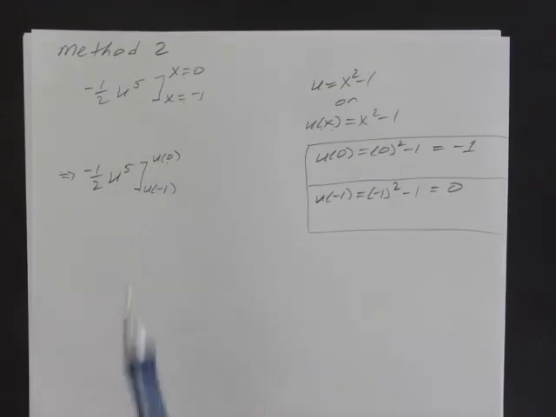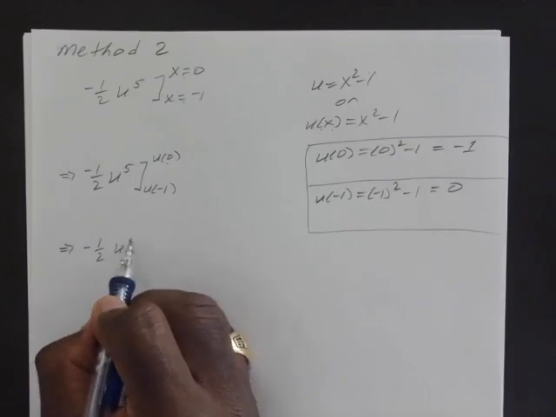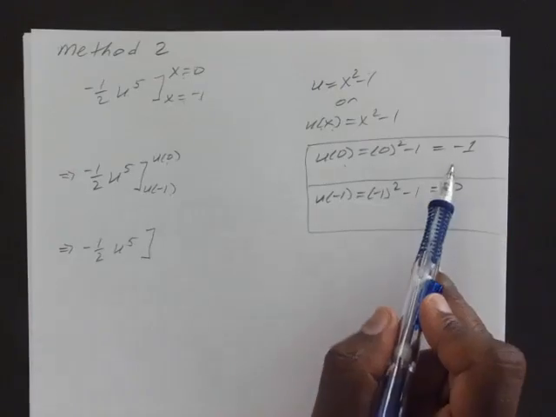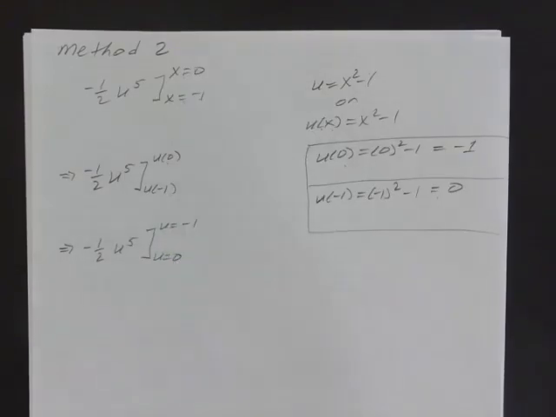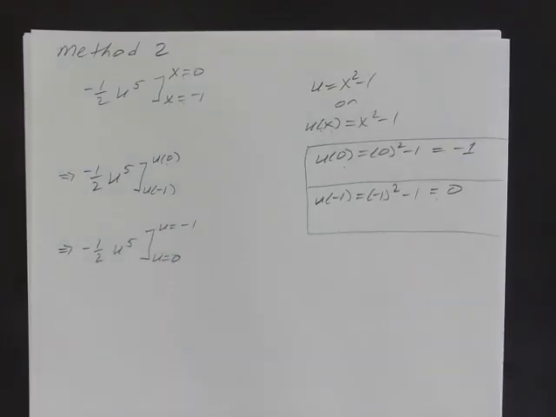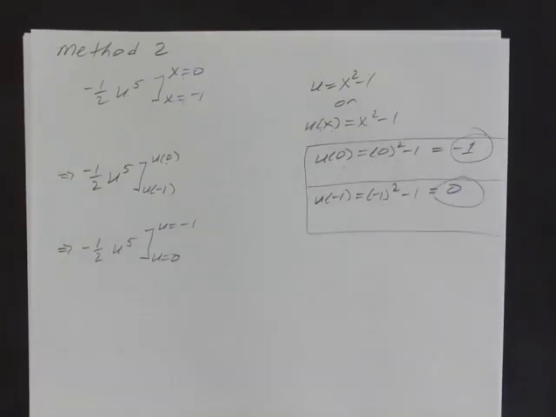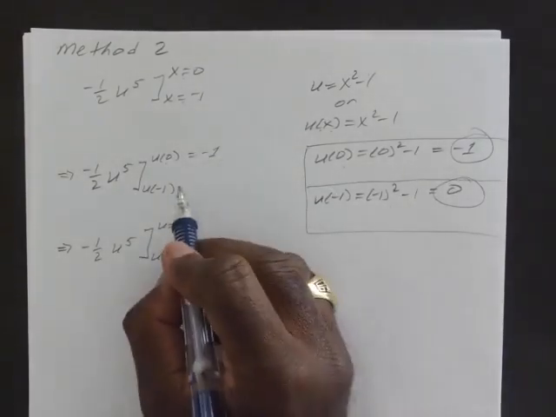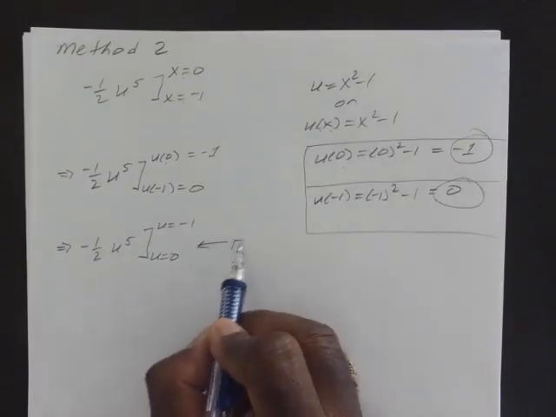So now our upper and lower bound, we can just rewrite that as -1/2 times u to the 5th power from u is equal to 0 to -1, since that's our new upper and lower bound. So we know u of 0 is equal to -1, and u of -1 is equal to 0. So now we can just go ahead and use the fundamental theorem.